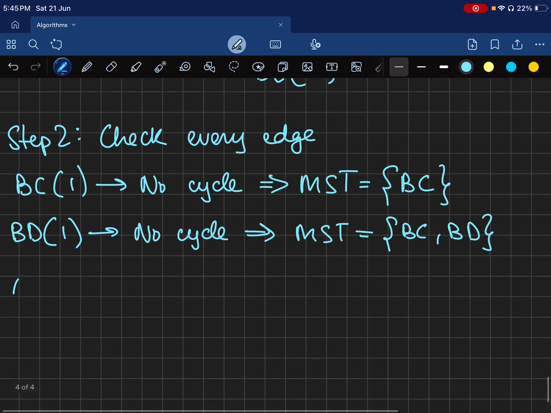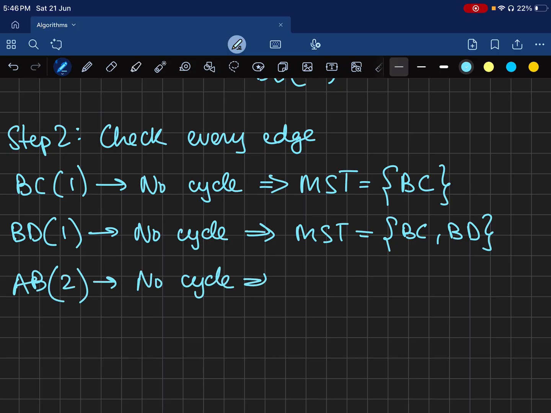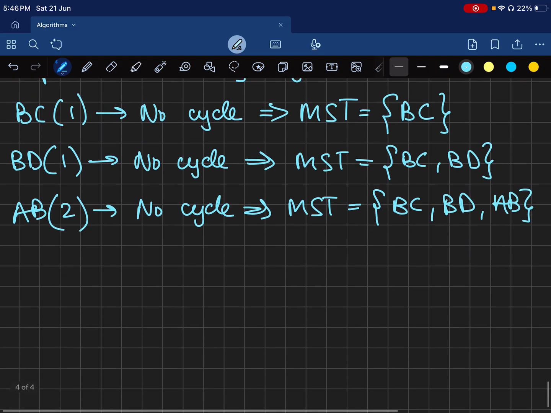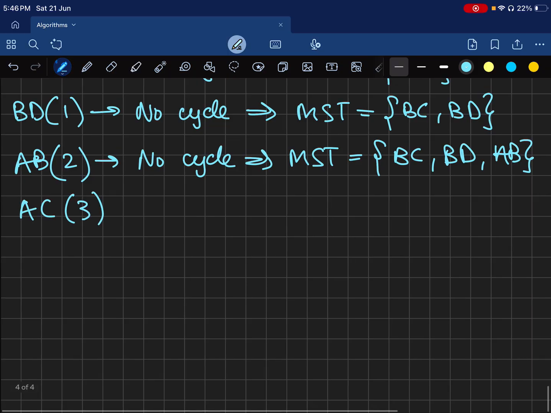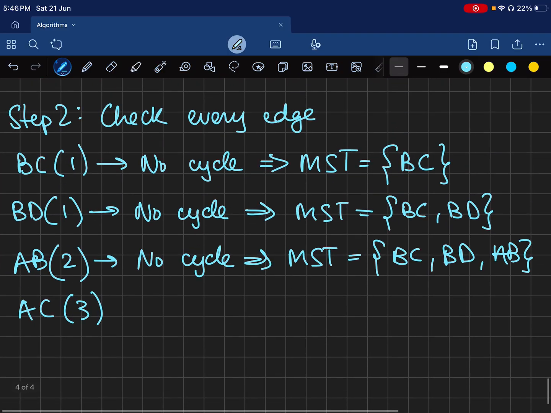Thereafter we'll take AB. Here also no cycle is formed. So our MST will become BC, BD and AB. Now we'll take AC. If you take AC, then ABC will form a cycle, so we skip it.